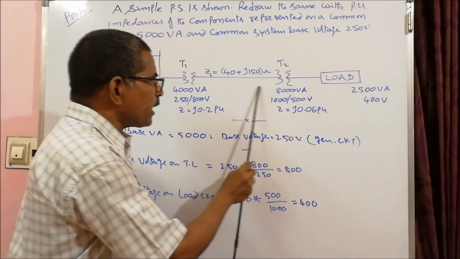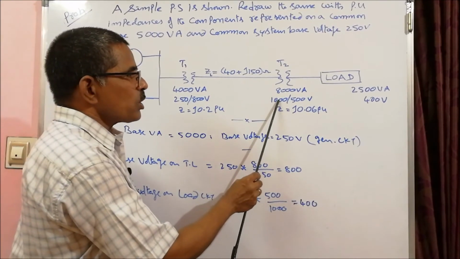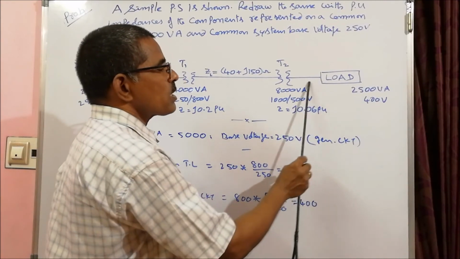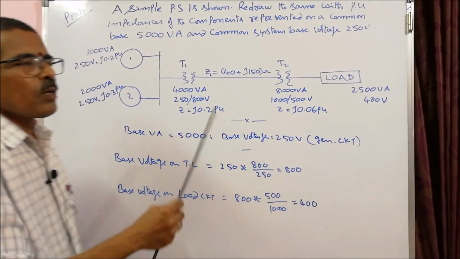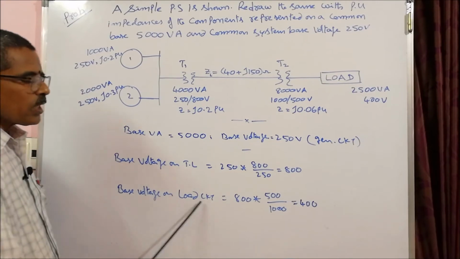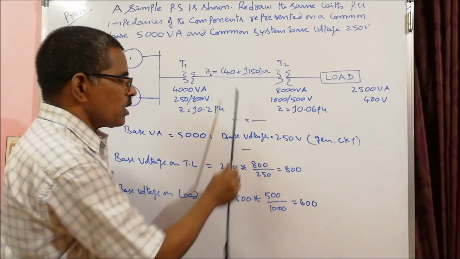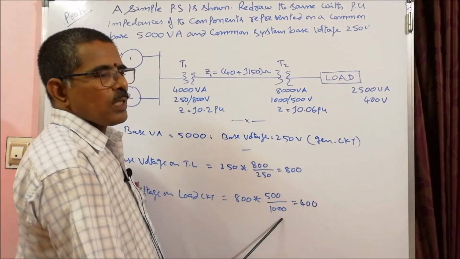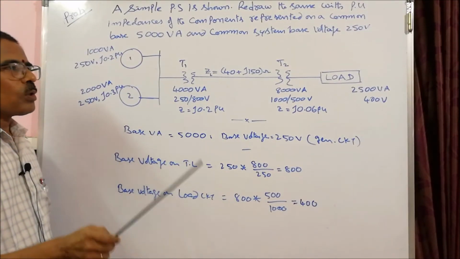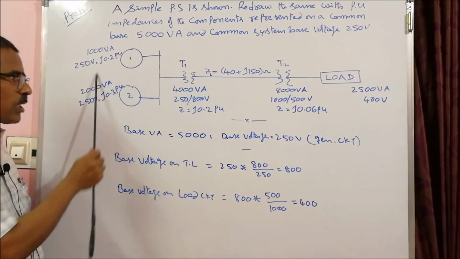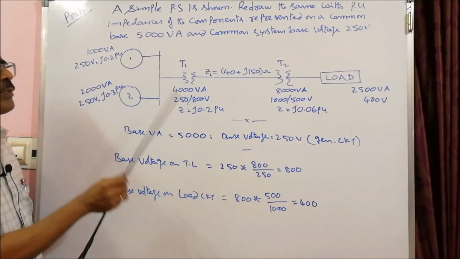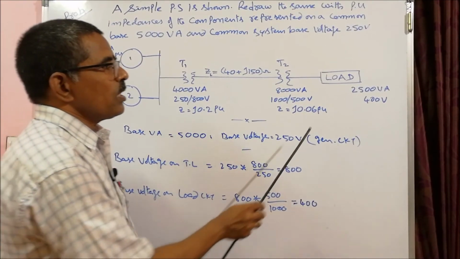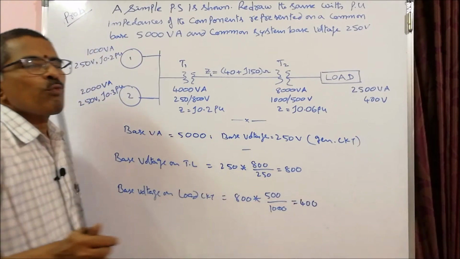And here also, 800 is the new base. Here it is 1000 and 500. So you need to calculate the base voltage on the load side. Base voltage on the load circuit, based on this side 800, is 800 times 500 by 1000, which gives you 400. So the base voltage on the generator section is 250, on the transmission line circuit it is 800, and on the load section it is 400.